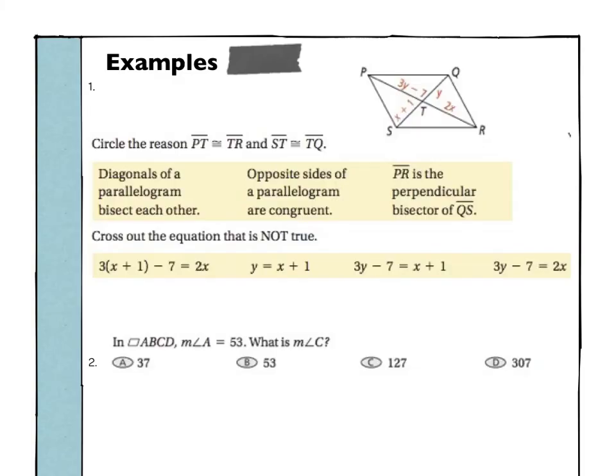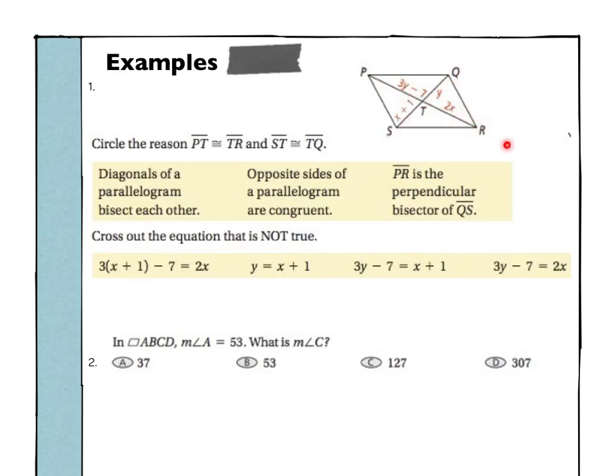Okay, so let's look at the examples. We only have two today, but they have a couple of parts. Example 1 says circle the reason line segment PT is congruent to TR and ST is congruent to TQ. Here is PT, and here is TR, and here is ST, and here is TQ.